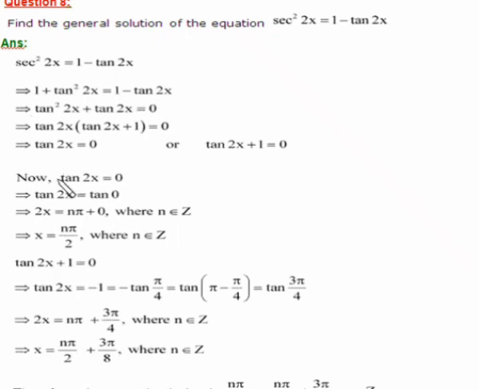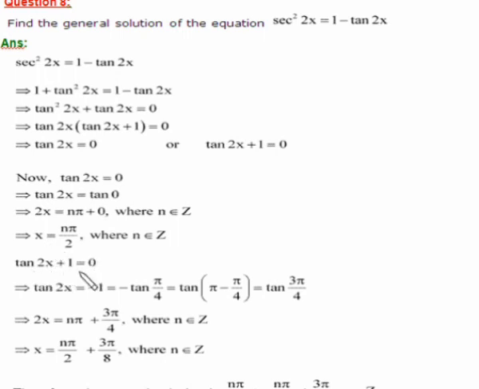The 1 gets cancelled. Take tan 2x common: tan 2x (tan 2x + 1) is equal to 0. Equate both the factors with 0: tan 2x is equal to 0, and tan 2x + 1 equal to 0. See this condition, tan 2x is equal to 0, tan 2x equal to tan 0. We get the value 2x is equal to nπ + 0, so x is equal to nπ/2.